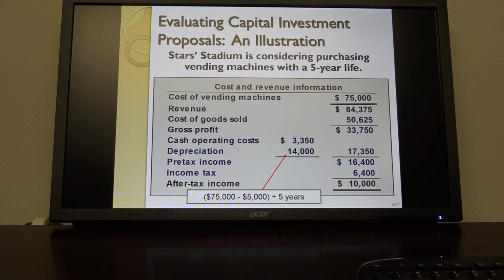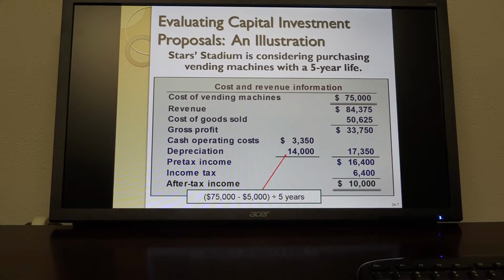The revenue from these machines is predicted to be $84,375, and the cost of selling those items is $50,625. So they're expecting gross profit out of these vending machines of $33,750.